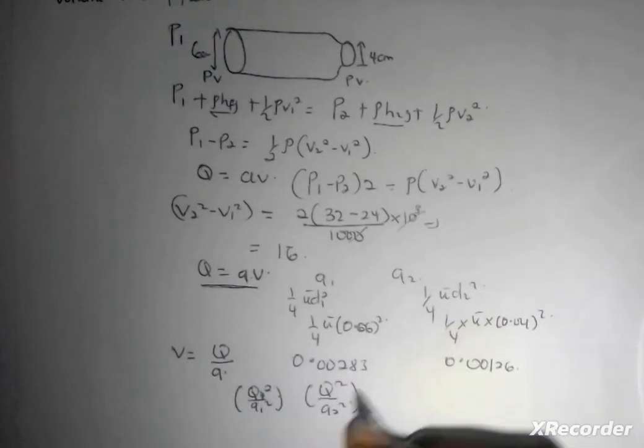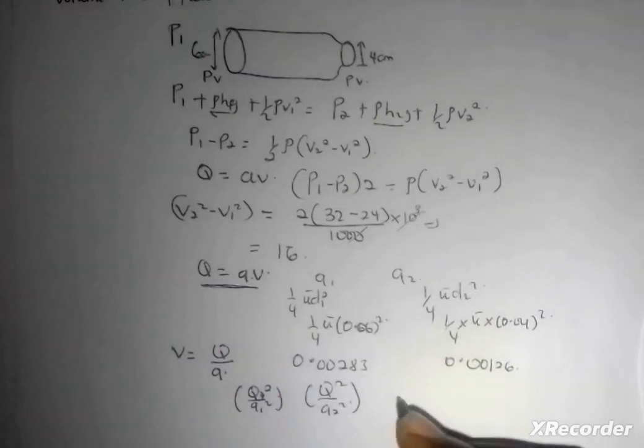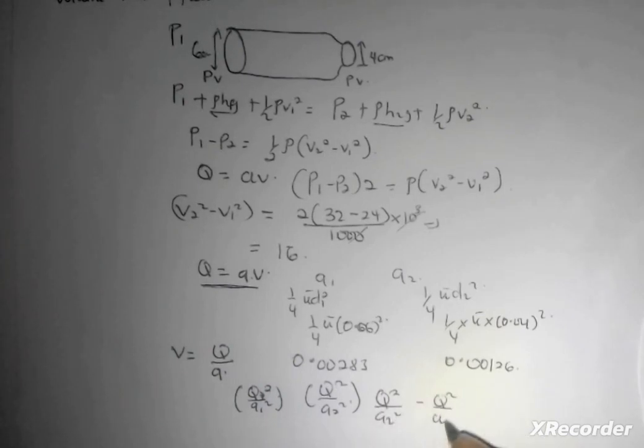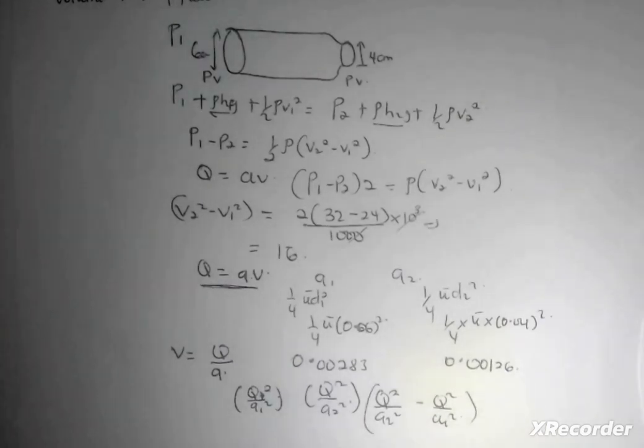So my change in velocity in terms of the area is going to give me Q squared over A2 squared minus Q squared over A1 squared. Now this should give us V2 squared minus V1 squared. That is, we are equating the change in velocity. That's the only thing we are doing here.